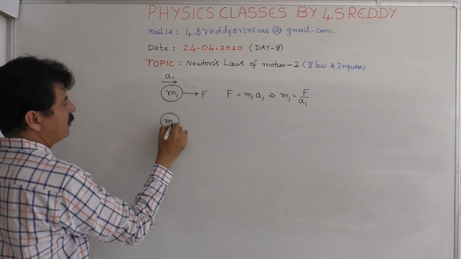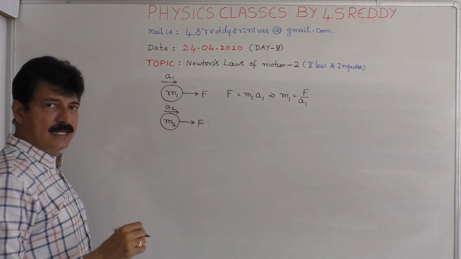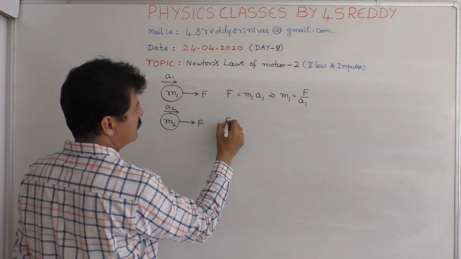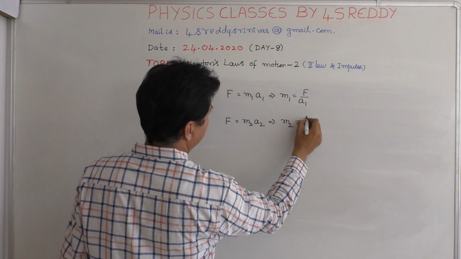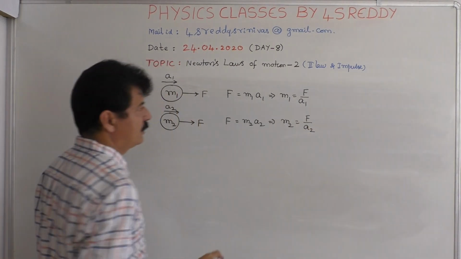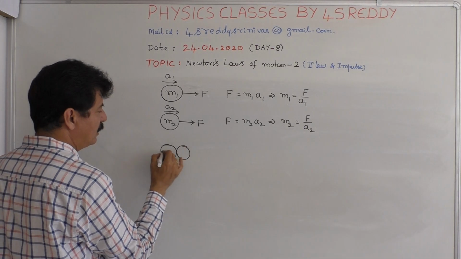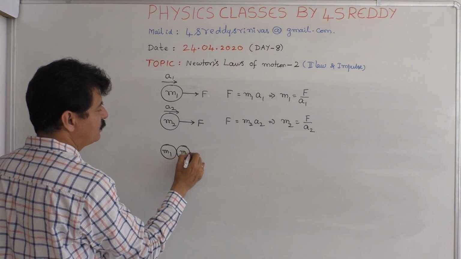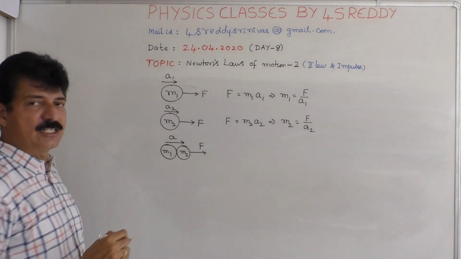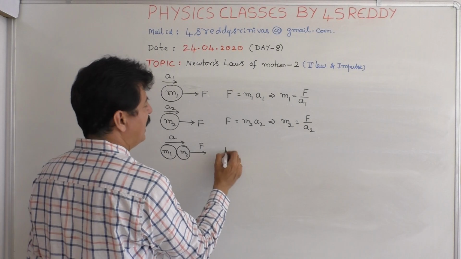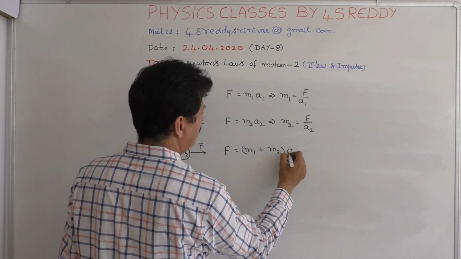Suppose this is the second body of mass m2 subjected to the same force, so that it is moving with an acceleration a2. Then F is equal to m2 a2, which implies m2 is given by F by a2. Now these two put together, this is m1 and this is m2, both subjected to the same force, so the acceleration produced is a. Then F is equal to (m1 plus m2) into a.